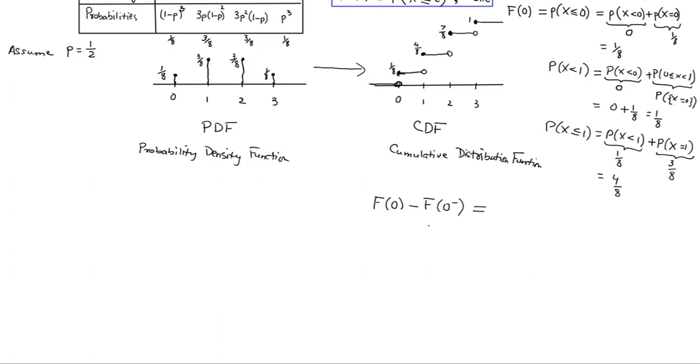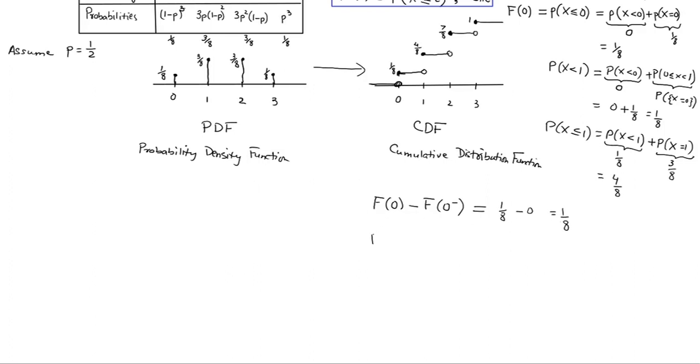What's the answer for this? Because see, there is a jump at F of 0. So what is F of 0 minus F of 0 minus? One over 8. Yes, this is 1 over 8 minus 0, which is 1 over 8. Okay.